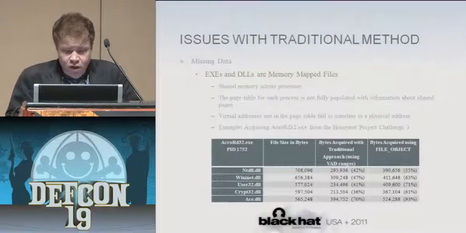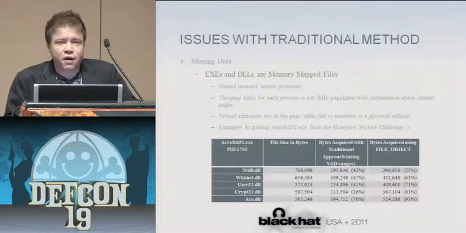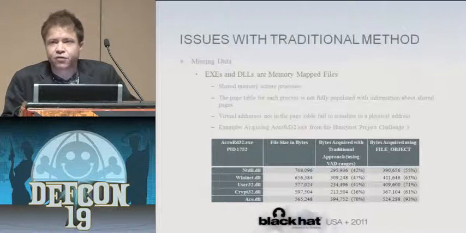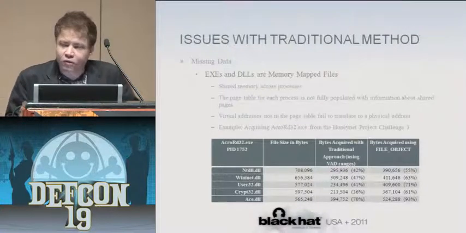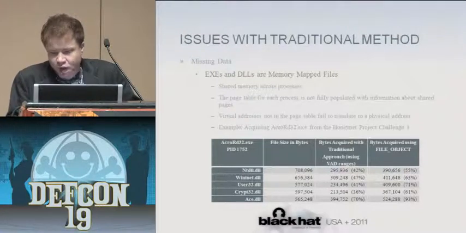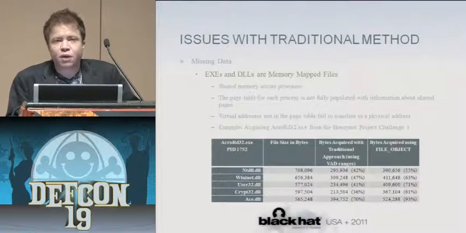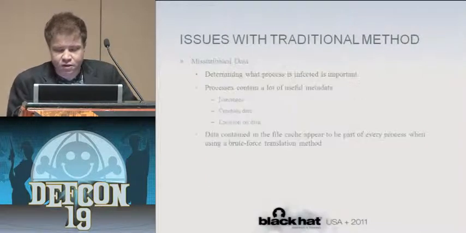So for instance, with the ace.dll, we got 70% of it using the traditional method, but we were able to increase that to 93% using this more accurate method of the file objects. Also, we'll talk about in a moment what you can do, how this number may go up to actually 100% if you're running on a live system and not a memory image, because you have access to the disk.